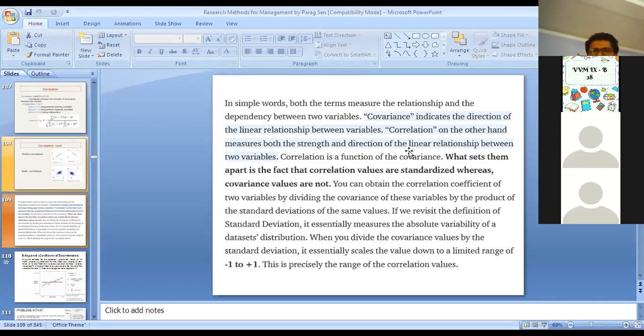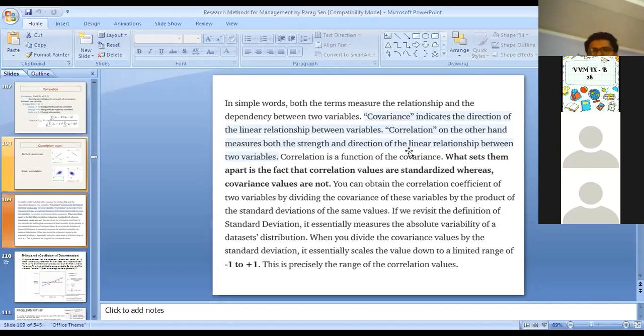You can understand the direction of the linear relationship from the minus or plus sign, just like covariance, but it will also tell you the strength of the relationship.